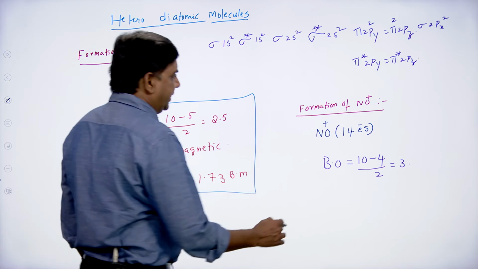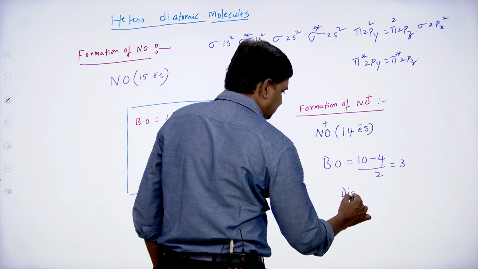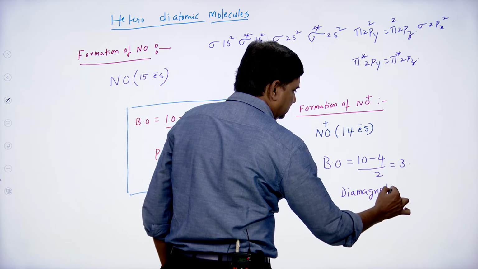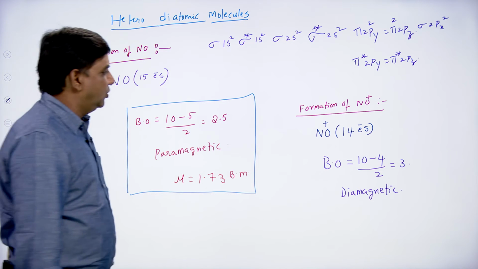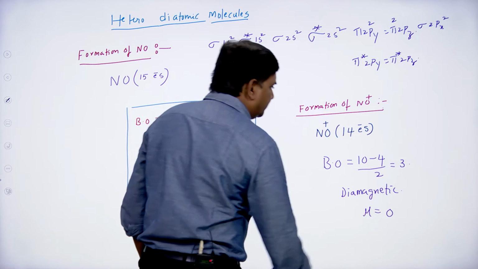It is diamagnetic in nature, and they don't contain any unpaired electrons, therefore mu is equal to 0.